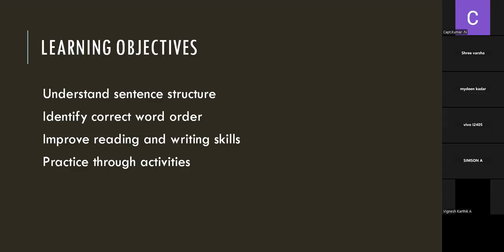Understand sentence structure, that is the first point. Second point is identify correct word order. Third, improve reading and writing skills. Fourth, practice through activities. These are all the four objectives which we have to follow in our day-to-day life.